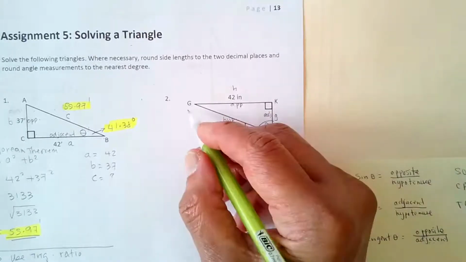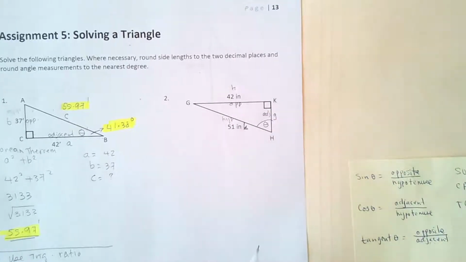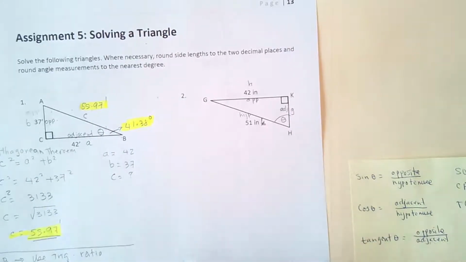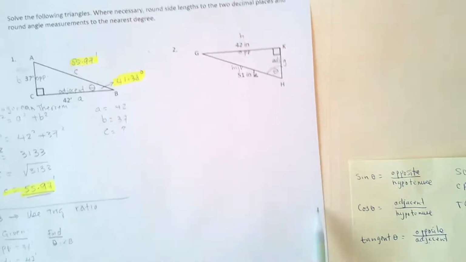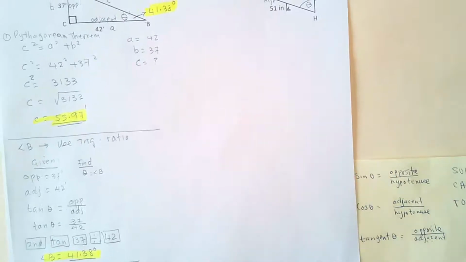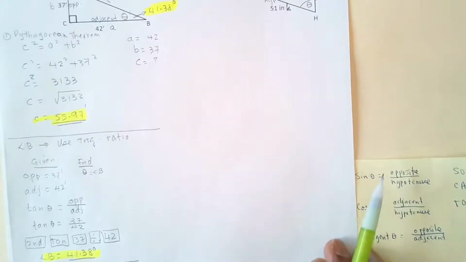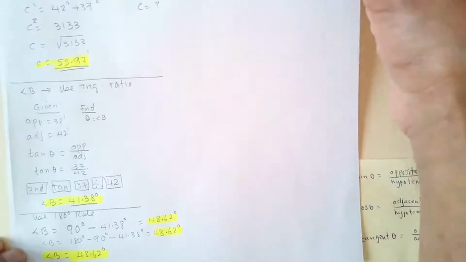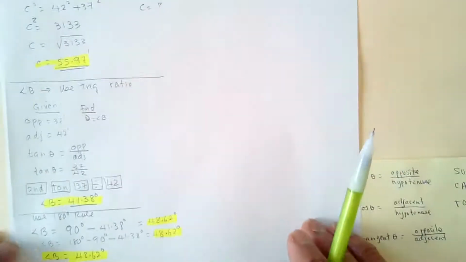So step one, let's find the side, and it's similar to what we did earlier using the Pythagorean theorem. Then we're going to use the trig ratio. And then we're going to use the 180 rule to find the third angle.